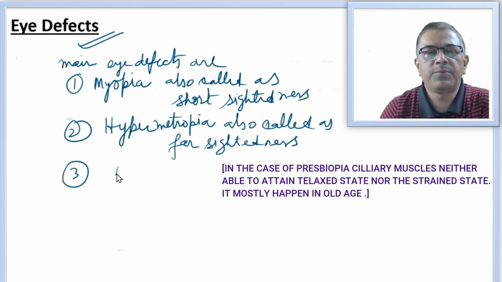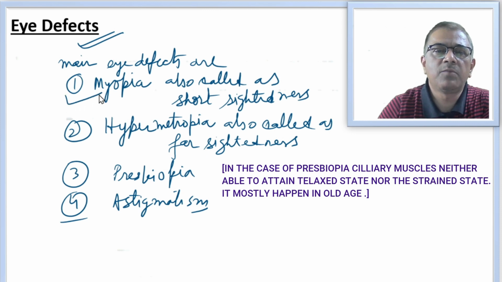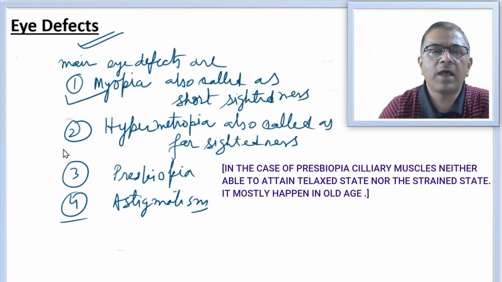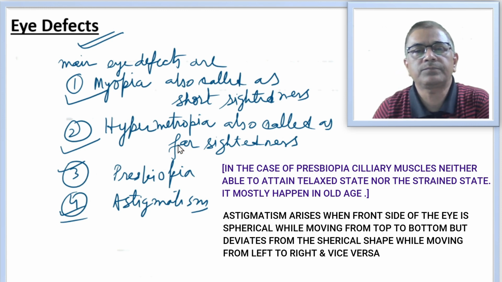Then you have presbyopia, and fourth is astigmatism. So we will discuss mainly myopia and hypermetropia. Maybe we'll have a short discussion on presbyopia as well as on astigmatism.